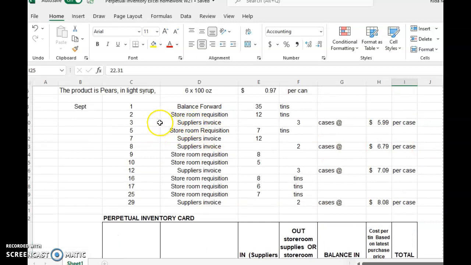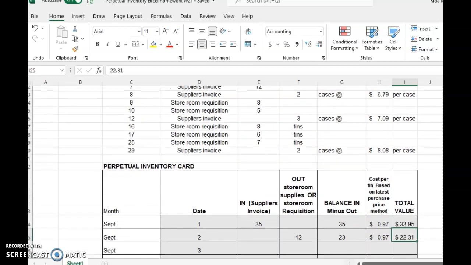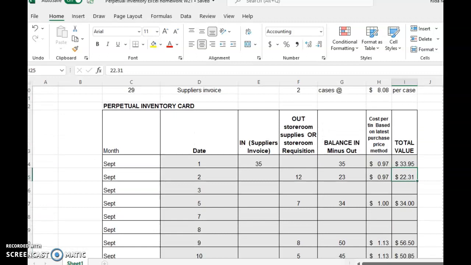September 3 is an invoice, so again it's coming in. We have 3 cases coming in. To know how many cans are coming in, it says there are 6 cans of 100 ounces in one case. So we multiply 3 by 6 to get the amount of cans, which is 18 cans in 3 cases.